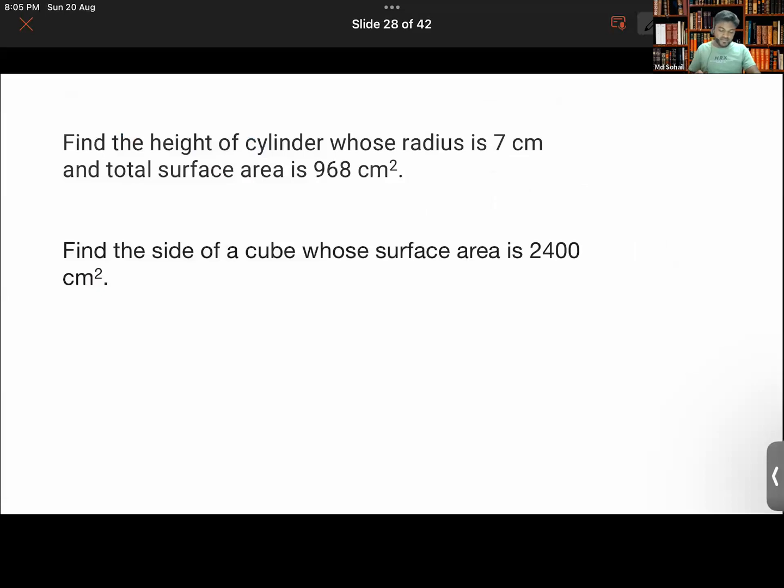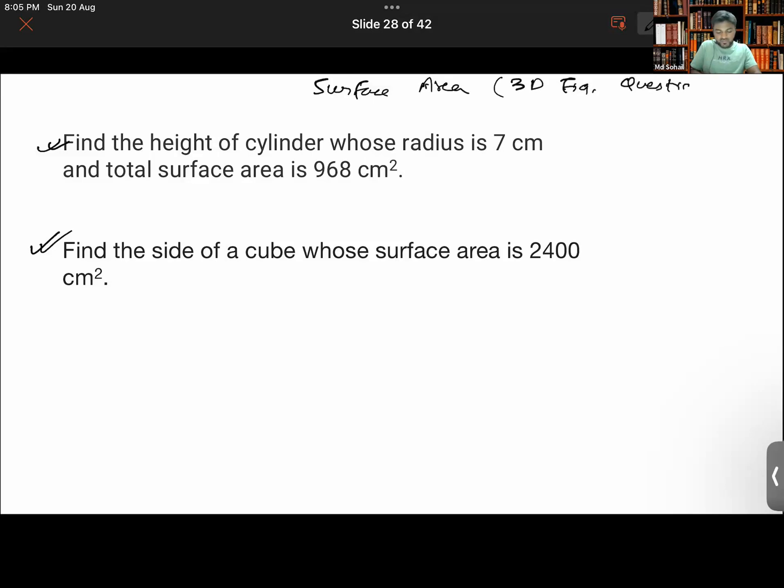So here's a question. Before moving to the question, these were two questions, but the time is limited, so you can solve them at home. Please take the screenshot. These are related to surface areas. Let me write over here: surface area, 3D figure questions.